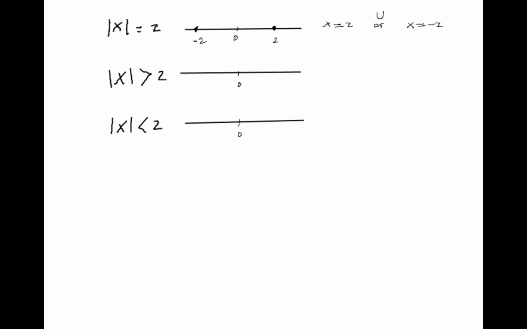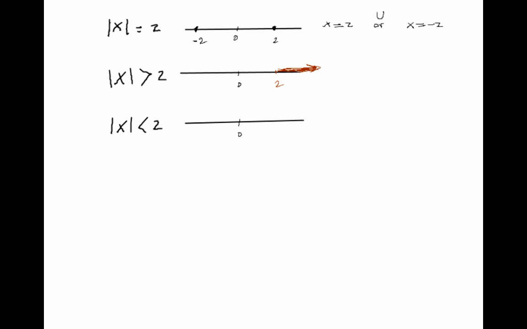Now, the next one says absolute value of x is greater than 2. We're talking about give me all the numbers that are larger than 2 units away from 0. That's what you're asking. What are the numbers that are larger than 2 units away from 0? If this is 2, all the numbers to the right of 2 would be larger than 2 units away from 0, right? Like 3. If I measure 3 from 0, would be larger than 2 units, right?